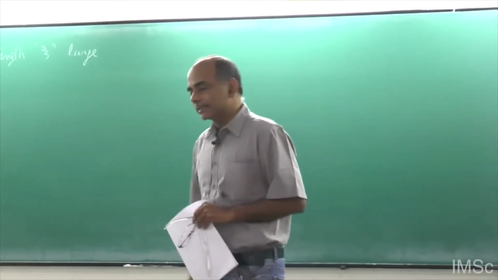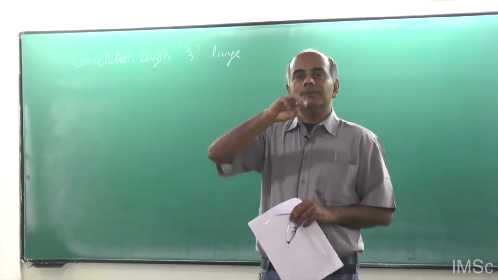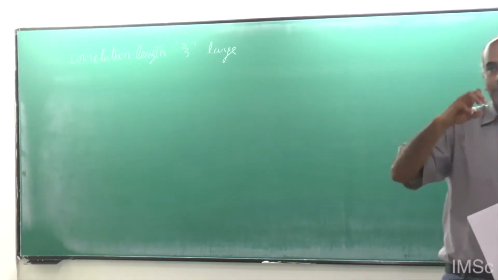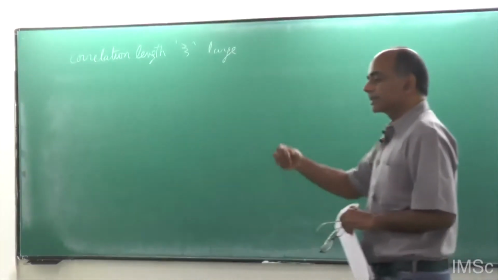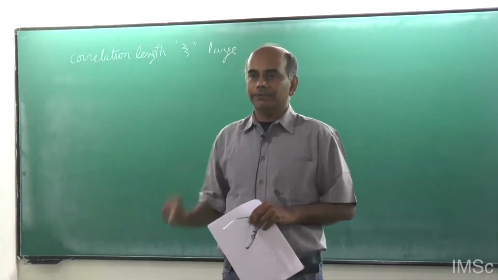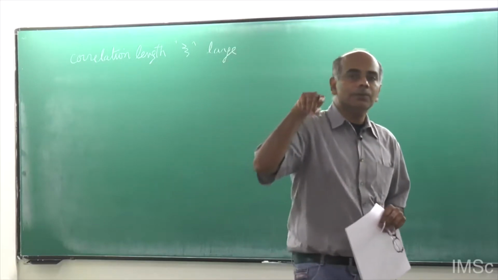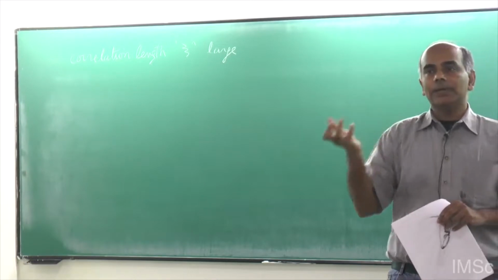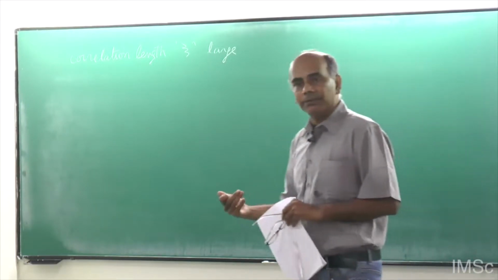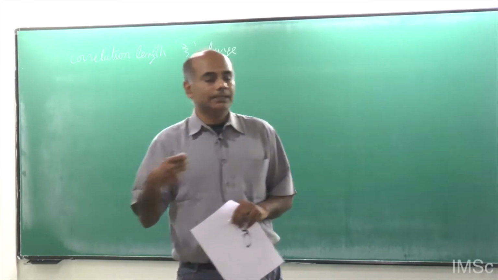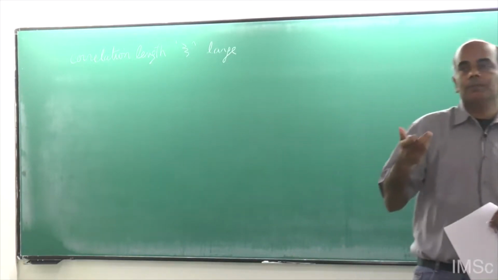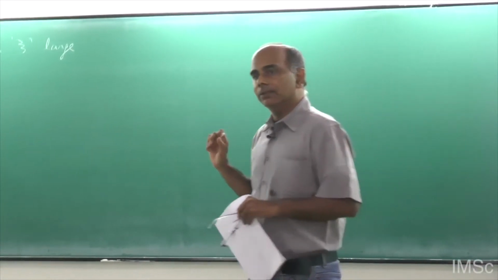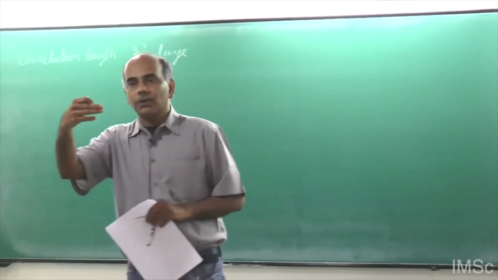So if you're talking about spins, you take a small region around the first spin, which may include the nearest neighbors, and take an average of that and describe a new degree of freedom for that average. So effectively you replace a few spins by, let's say, one spin. So that reduces the number of degrees of freedom, and in terms of the new degrees of freedom, you obtain a new Hamiltonian, which is again local on the new length scale. So this transformation is called blocking.